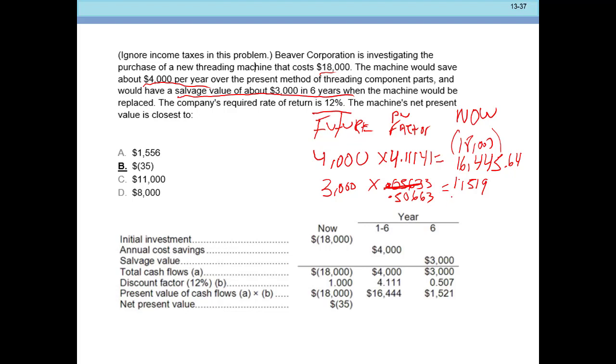Okay, good. So I go ahead and I have the negative initial amount that's going to have to come out, and I add in the amounts that are going to come in, and that gives me negative, what, 34.47?